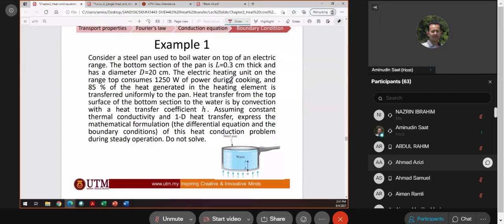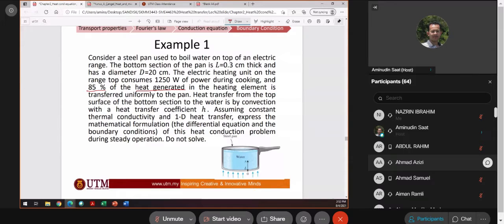The electric heating unit of the range top consumes 1250 watt, and only 85% of the heat is transferred to the pan, because there are some heat losses to the cooker itself.